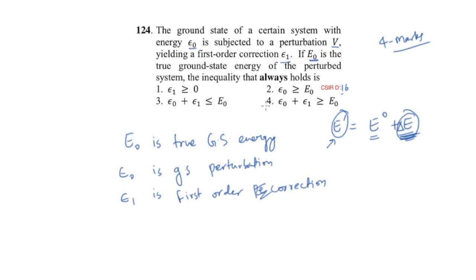By that you can say option number 4 should be the correct option, which includes both the energy epsilon naught and the first order energy correction epsilon 1. The sum of both should always be greater than or equal to the true ground state energy. Fine, so the correct option is option number 4, and like that you can easily solve this question.